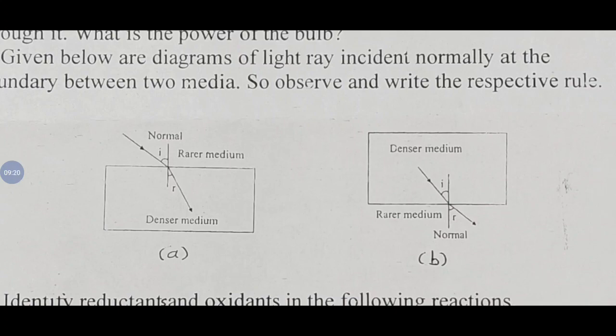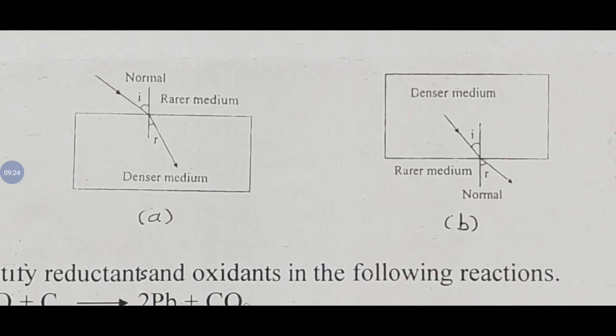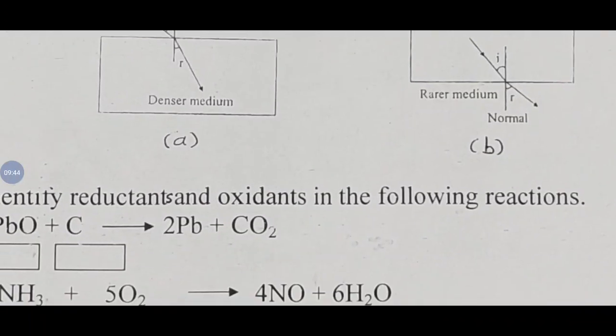So respective rules we are writing about these 2 diagrams. In first diagram, the incident ray passes from rarer medium to denser medium. So what happened? You write the rule with respect to this diagram. In second diagram B, light passes from denser medium to rarer medium. So what happened here? You write these 2 rules.